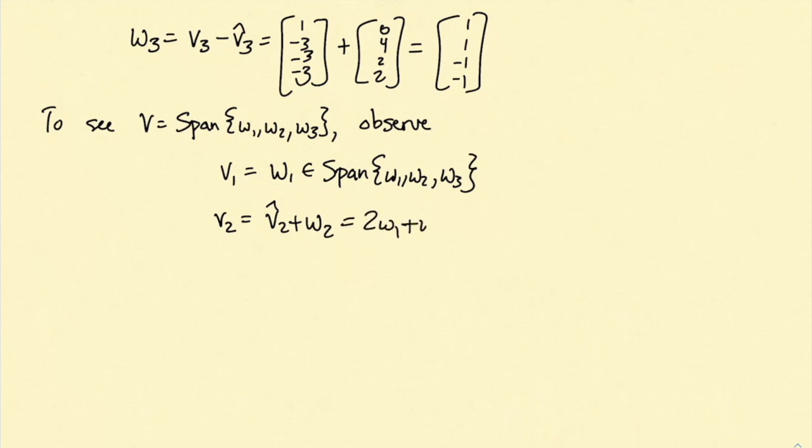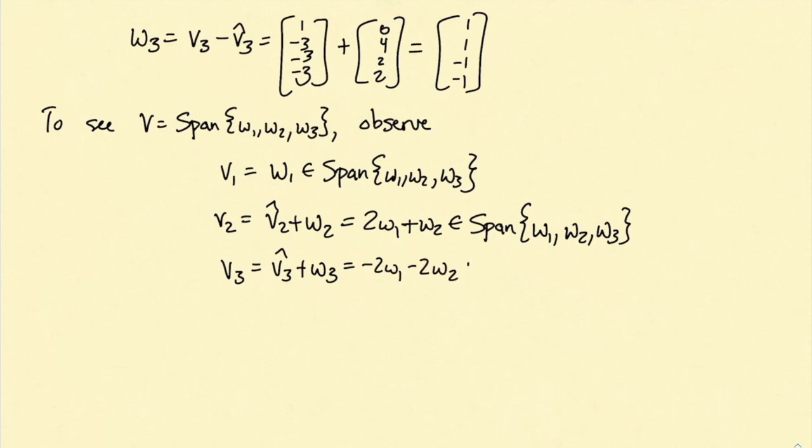We remember that V2 hat was simply twice W1, so we get 2 W1 plus W2. And finally, we can write V3 as V3 hat plus W3. And we recall that V3 hat was -2 W1 minus 2 W2. So we can see this is, again, in the span of W1, W2, and W3.